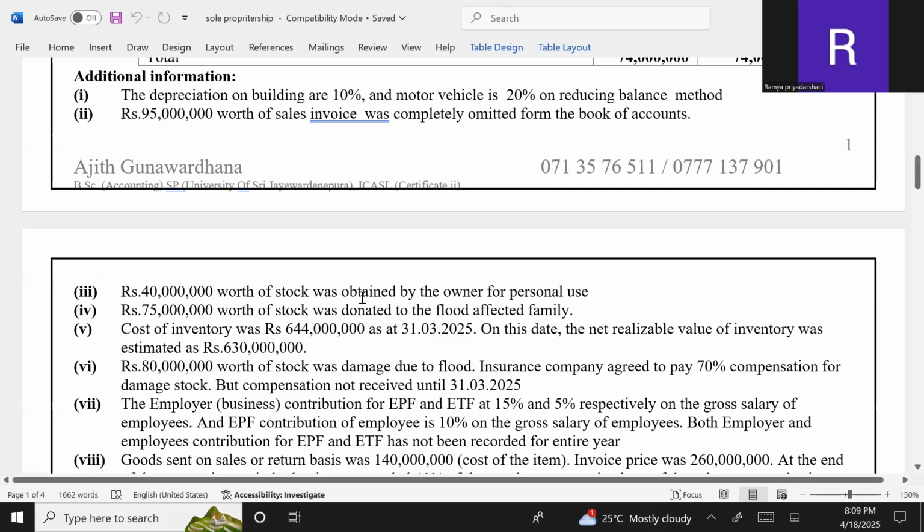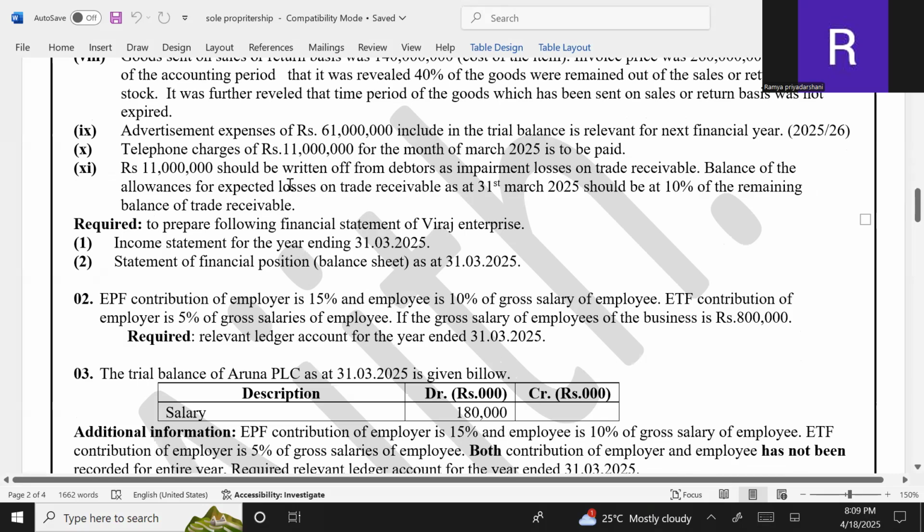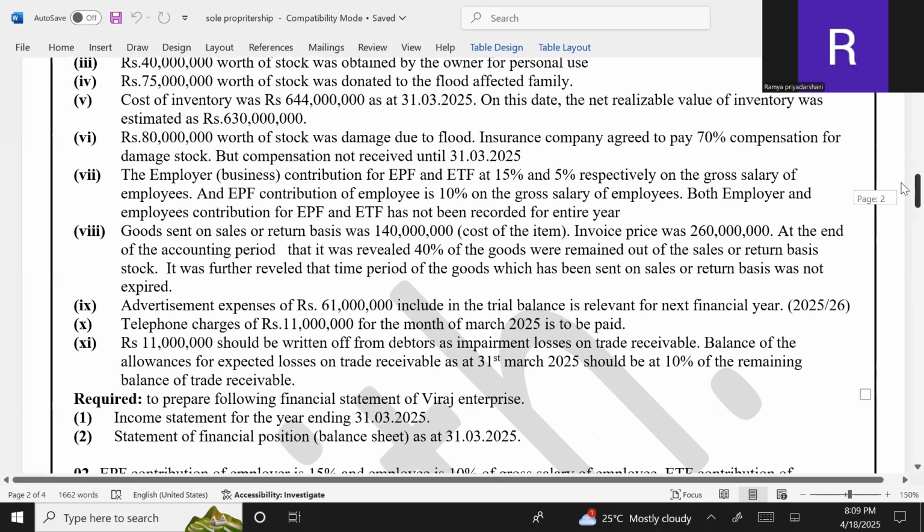Third one, stock drawings. Fourth, stock donation. Fifth, inventory adjustment. Sixth is relevant for damaged stock adjustment. Seventh, EPF and ETF adjustment.